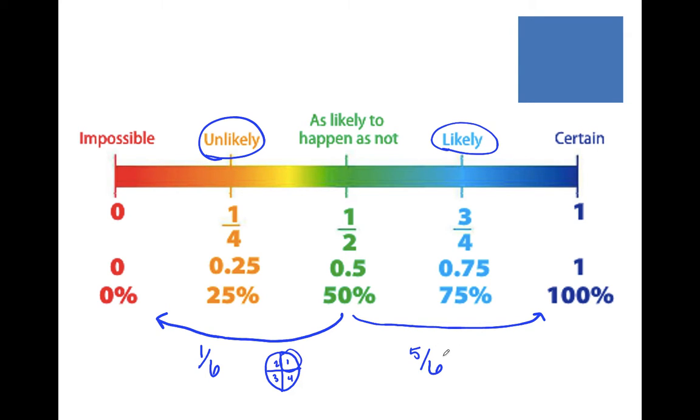That is greater than 50%, but not quite 100%. That is likely to happen. Anything that is 50% likely to happen is what we call as likely to happen as not, or equally likely. For example, flipping a coin and landing on heads or tails is 50% likely.